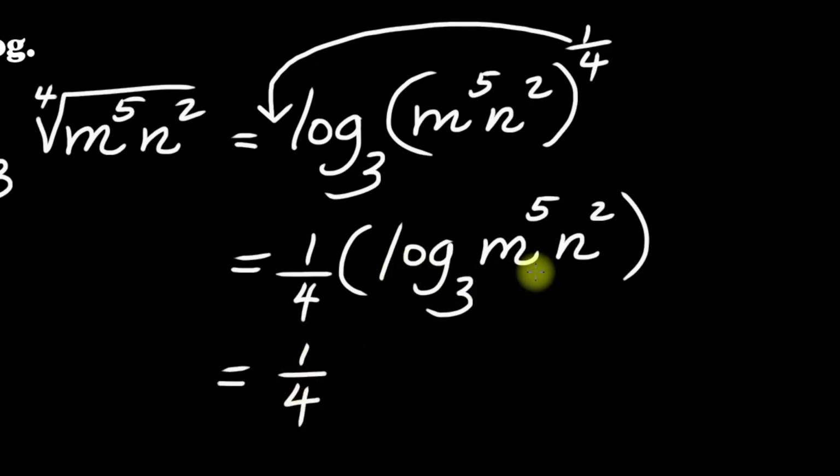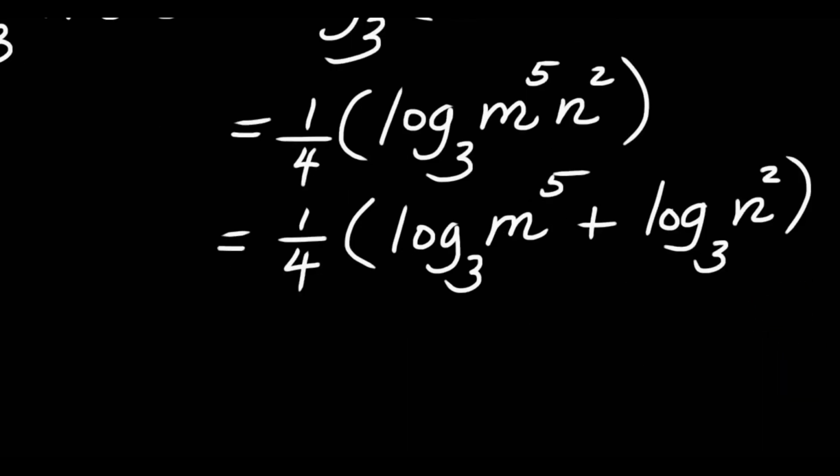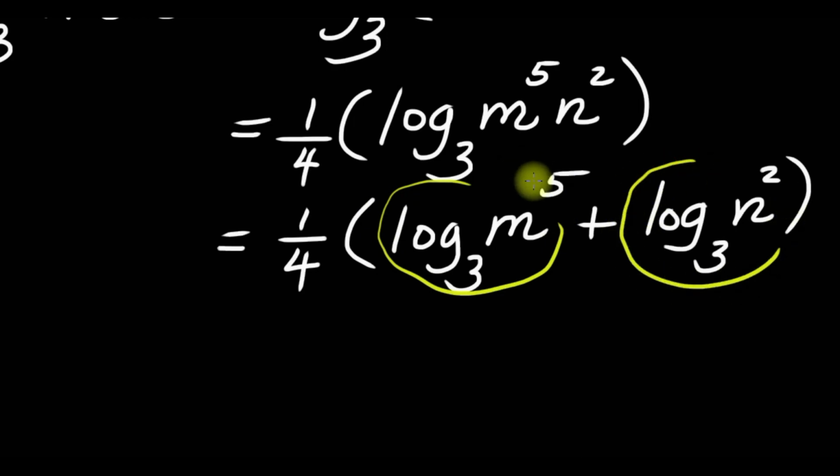So here the log of the product is the same as the sum of logs. So I can rewrite this as log base 3 of m to the 5th power plus log base 3 of n square. So now I would have to apply the power property for this log and the power property for this log. So that is to bring down the exponent.